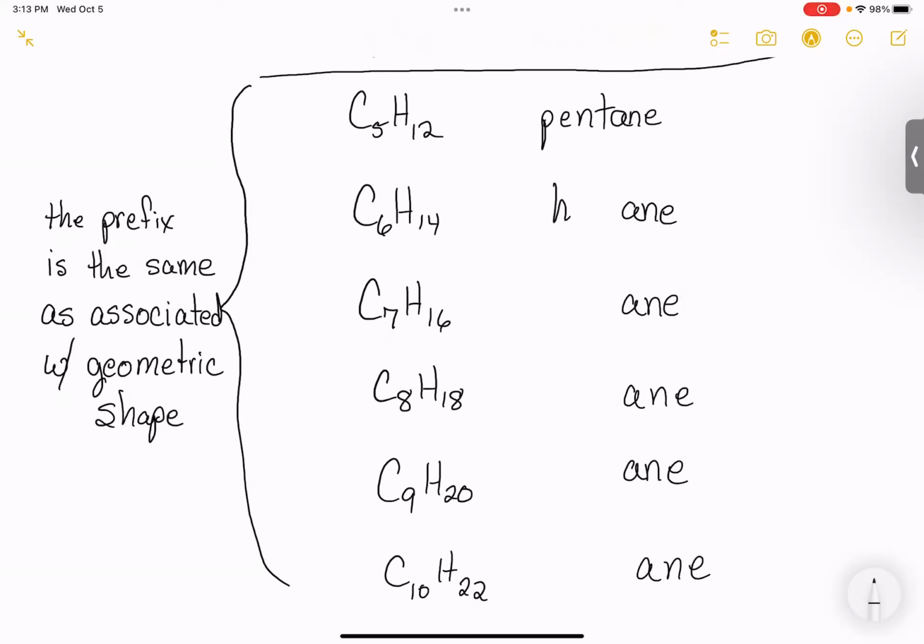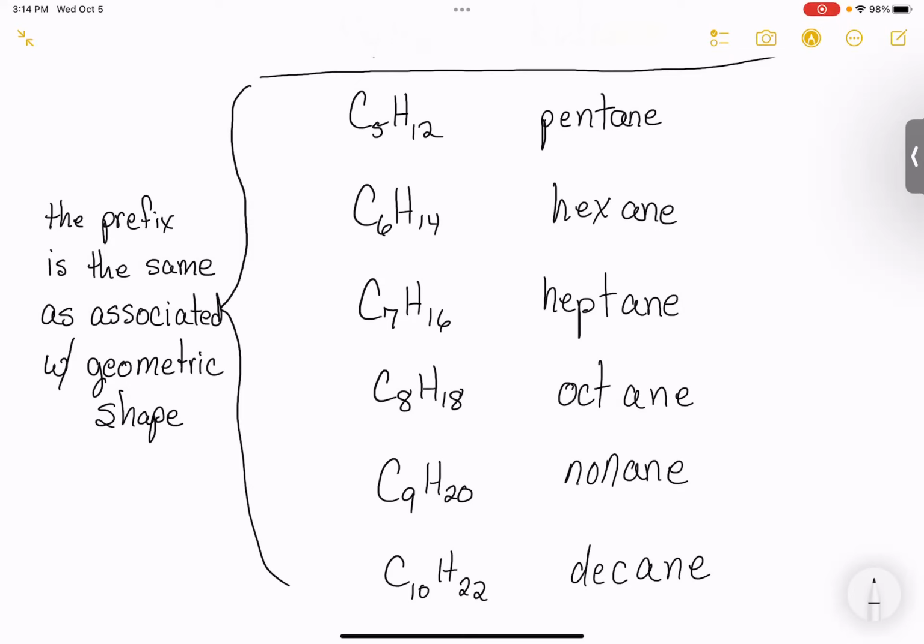It's hexane after hexagonal. 7-sided is heptane because it's heptagonal. In other words, the prefixes are the same. What about 8-sided? A stop sign. It's an octagon, or so this is octane. This is nonane, and this is decane.